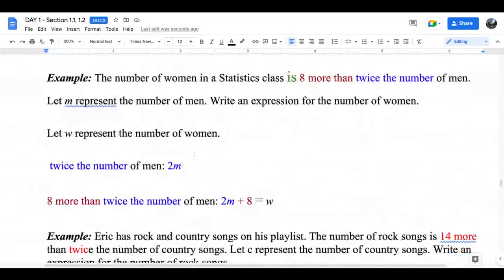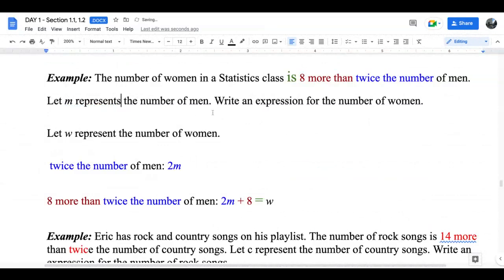Let's see this example. The number of women in the statistics class is 8 more than twice the number of men. Let M represent the number of men. Write an expression for the number of women, W, right?